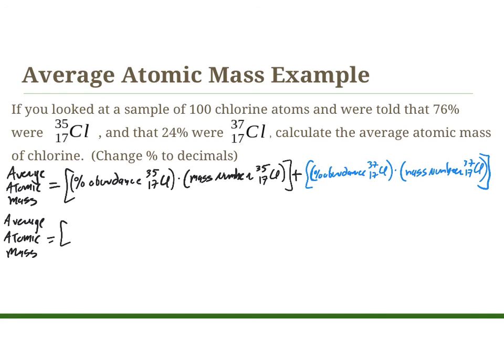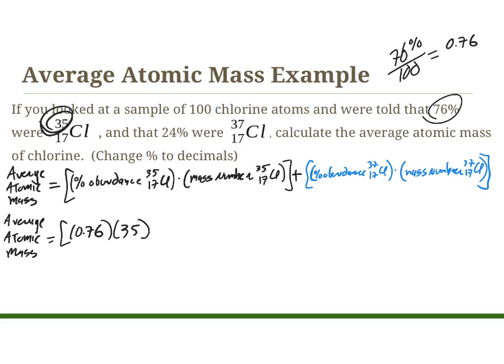When I go to plug things in, I know that for chlorine 35, it's 76%. Well, 76% divided by 100 gives me 0.76 as a decimal. So 0.76, and I'm going to bring my mass number for chlorine 35 down, which is 35, plus, here's my 24%.